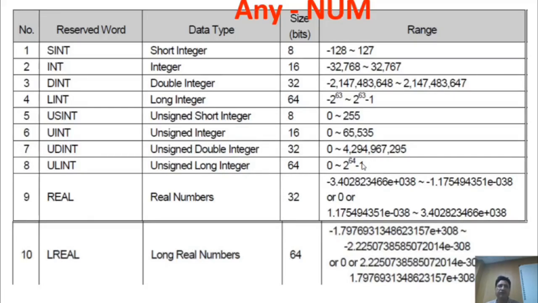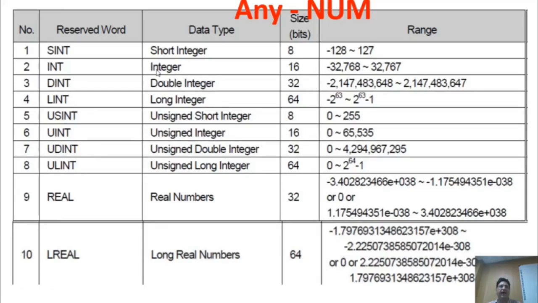So, once again, if we want to do something in PLC programming that requires numeric data, we have to choose one of these data types. For example, if we want to add two numbers together, we define two variables, set their data type, for example, as integer, and then we can add the two numbers together.